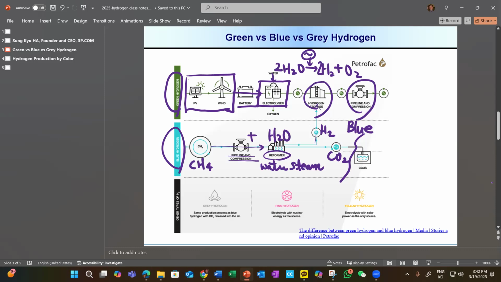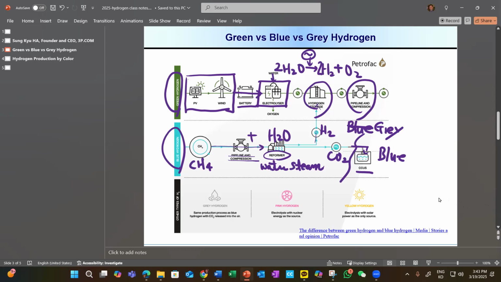And then this CO2, rather than just releasing to the environment, we can capture with the method CCUS. Then this method is called blue. If we don't capture, this method is called gray. So gray and blue, there's not much difference. The only difference is whether this CO2 is captured and stored, or we don't do it. So gray and blue and green, this is the current, the most common way of generating hydrogen.